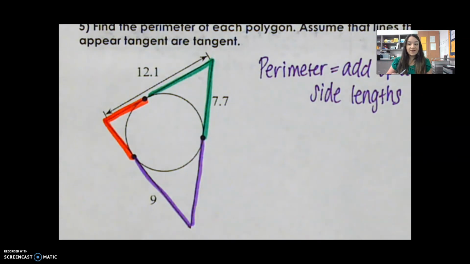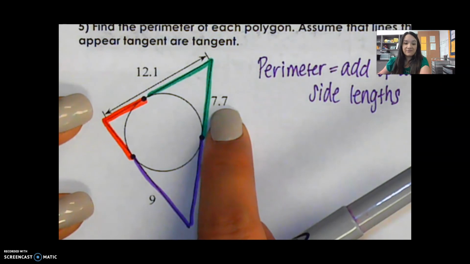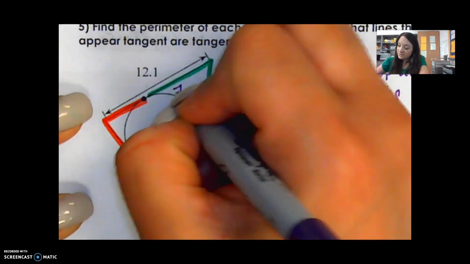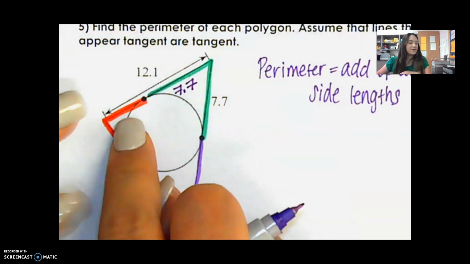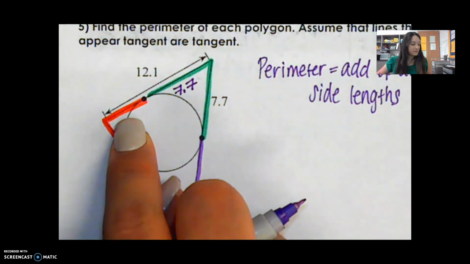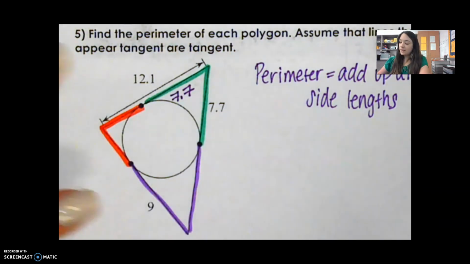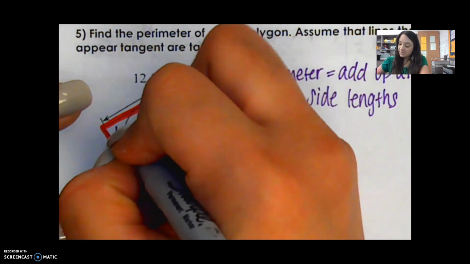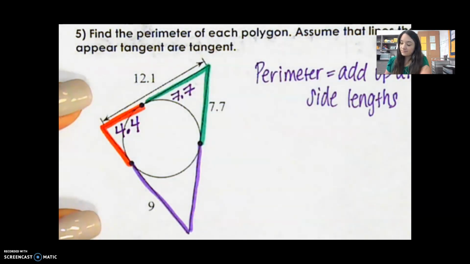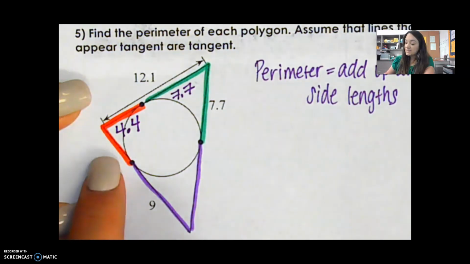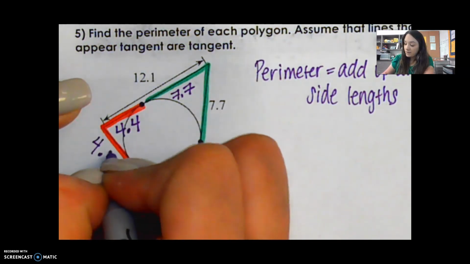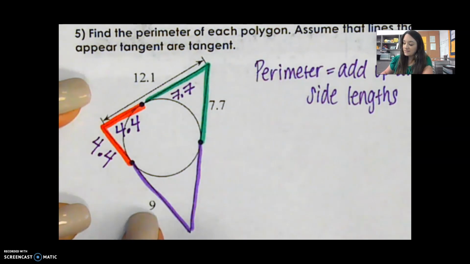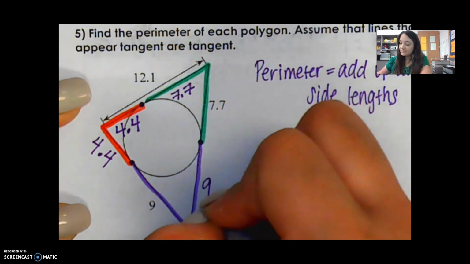So in order to find the perimeter, I need to do a little bit of work. If this is 7.7, I know that this is also 7.7. How can I find this red length right here? All right, 12.1 minus 7.7 would be 4.4. That means this is also 4.4. If this is 9, so is this.